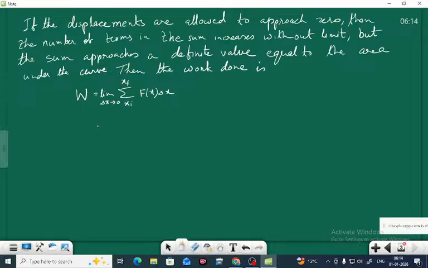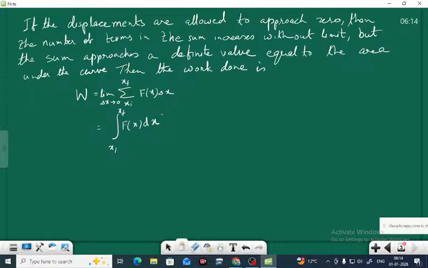It can be changed into integration. This is the definition of integration also, that xi to xf, and this is Fx dx. This is the work done we get after summing all the rectangles, right?